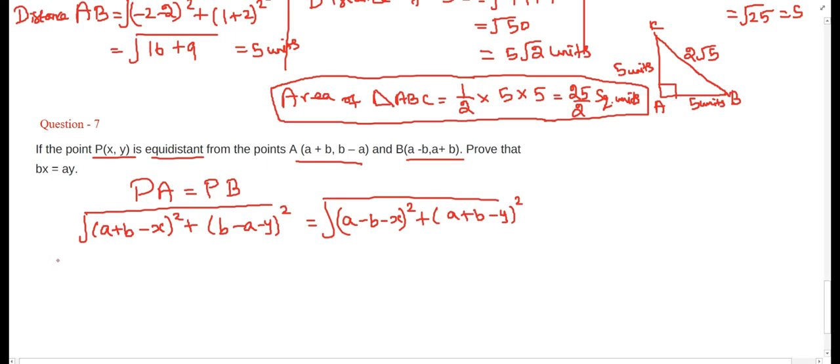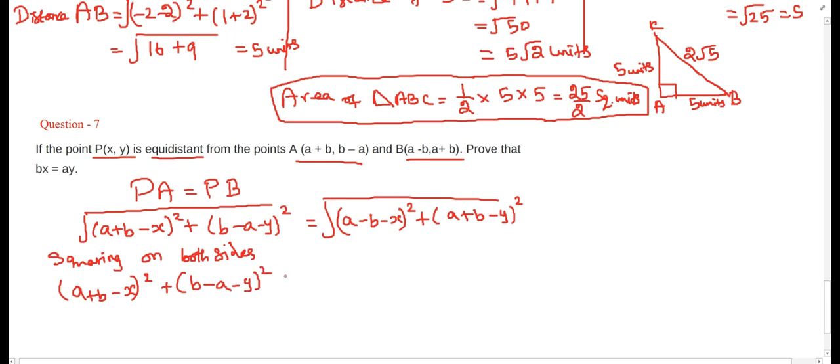So removing the root, squaring on both sides: (a plus b minus x) whole square plus (b minus a minus y) whole square equals (a minus b minus x) whole square plus (a plus b minus y) whole square.